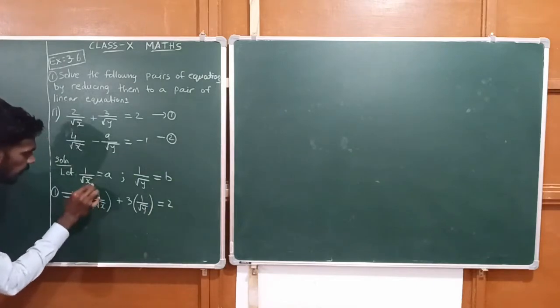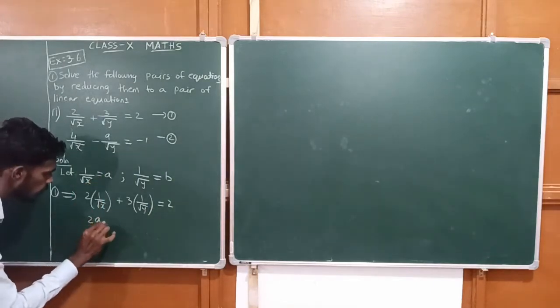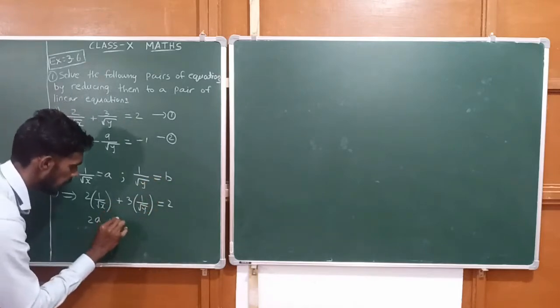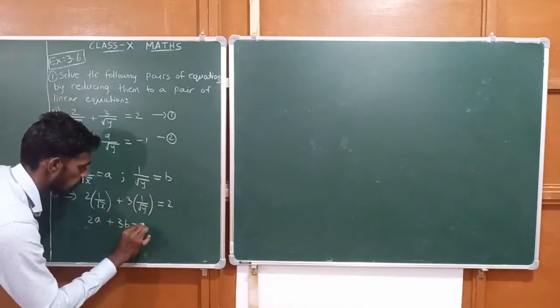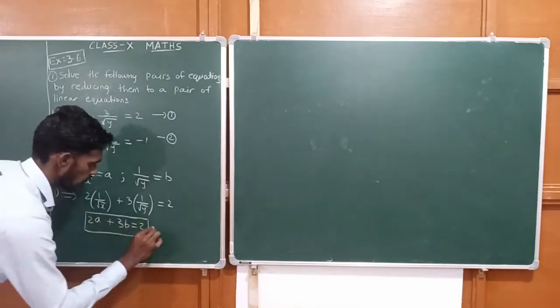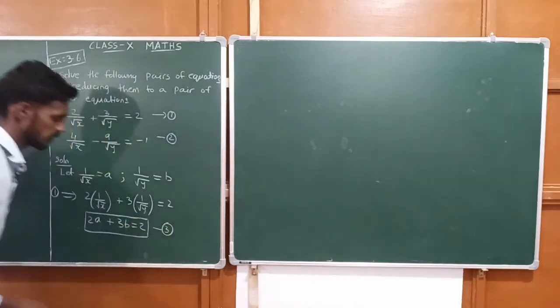Now assume 1 by root x to be a, so it is 2a, plus 1 by root y to be b, so it is 3b is equal to 2. Mark this equation as number 3.